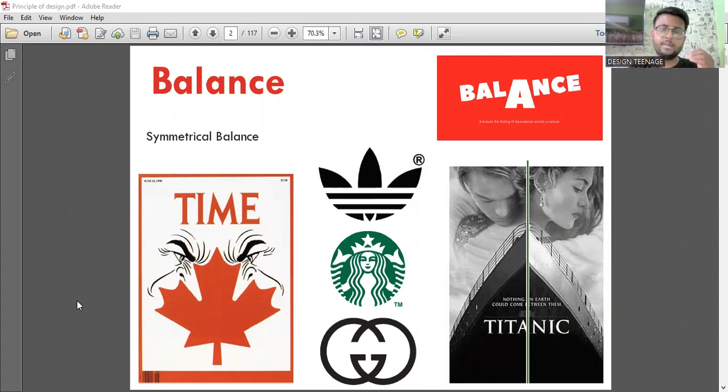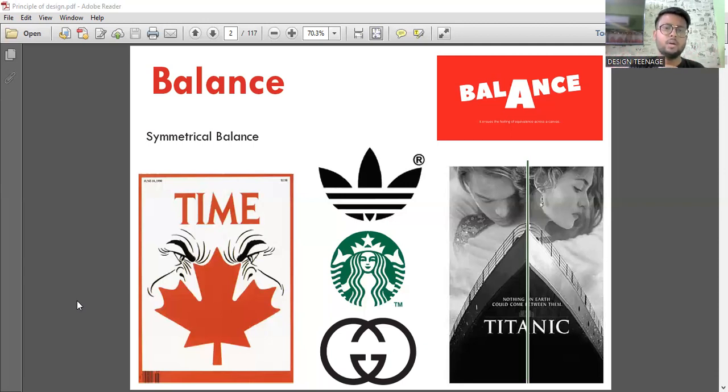Symmetrical means things are exactly the same, right? So when we look at symmetry, the very first thing which should come to our mind is mirror image. Whatever you place on this side of the mirror, on the other side of the mirror it looks alike, and we call it symmetrical.